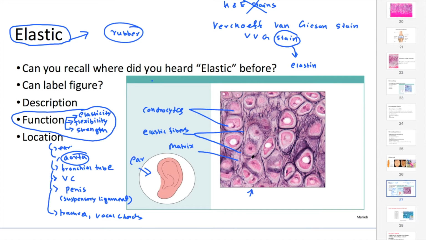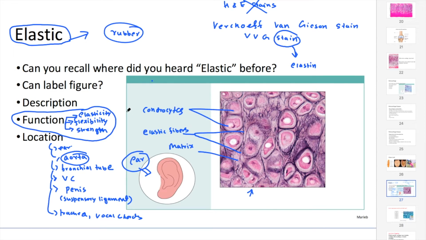That's the distinguishing characteristic from the other types, and it has more elastic fibers than the others, and it is also present in the ear. You should know these things. This is very simple, and I don't expect you to know all of this, but just know the main idea here.